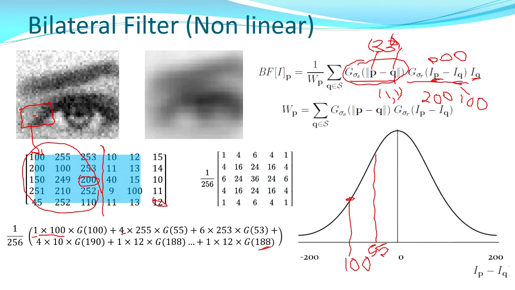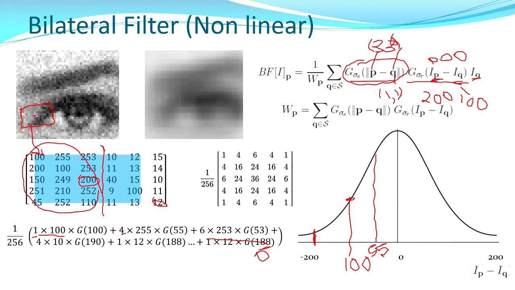So IQ is 12, and the 1 is because of this filter. But this G of 188 will lie somewhere over here. This is a very small value which is very close to 0. So this effect is gone because it is multiplied by 0.